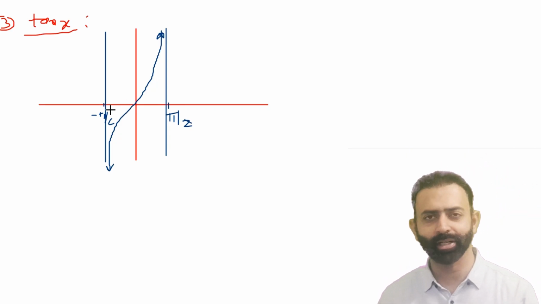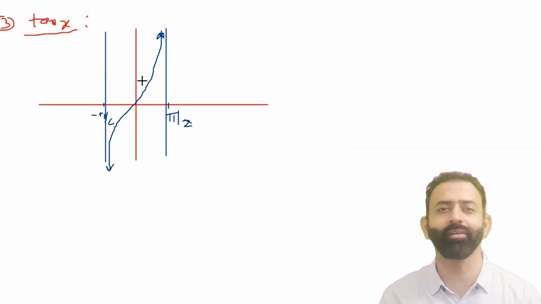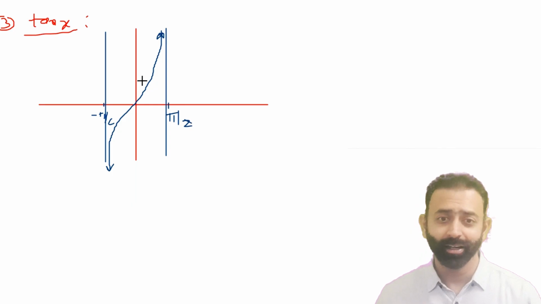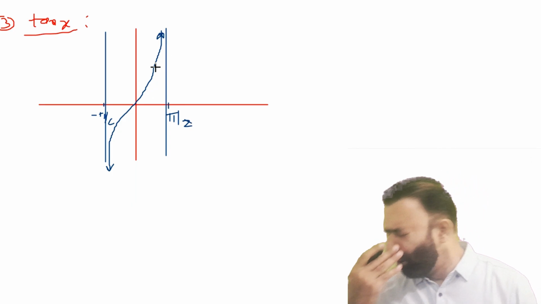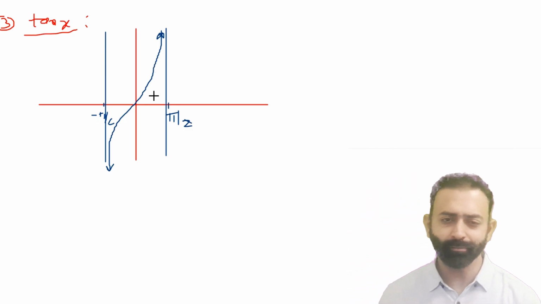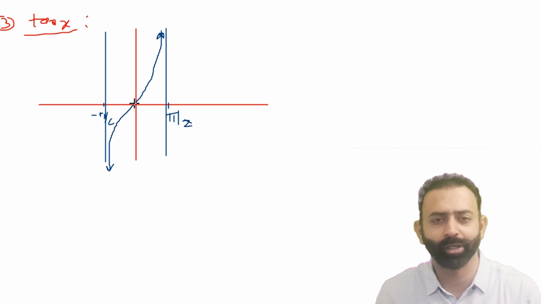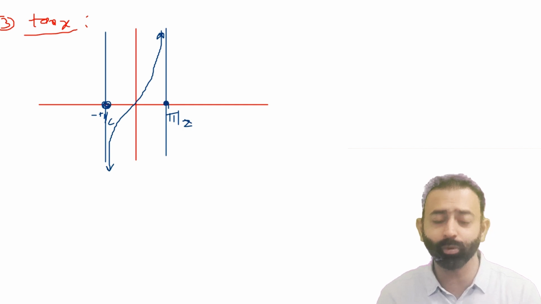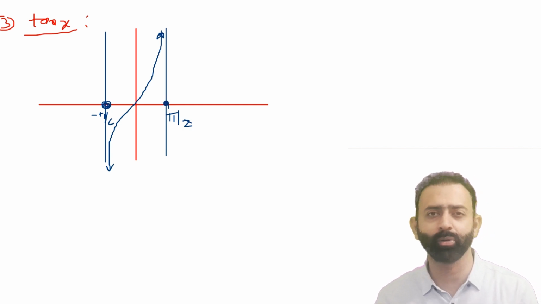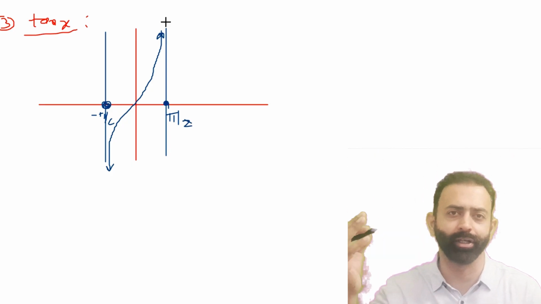So that becomes the range of the inverse function, right? But we will do that later on. First, let us make it a one-to-one function. I can see that from minus pi by 2 to plus pi by 2, the function is one-to-one. So we keep this domain only, but excluding these end values, because it is clearly seen from the graph that at x equal to minus pi by 2 or plus pi by 2, tan x is not defined, or it is minus infinity or plus infinity, right?